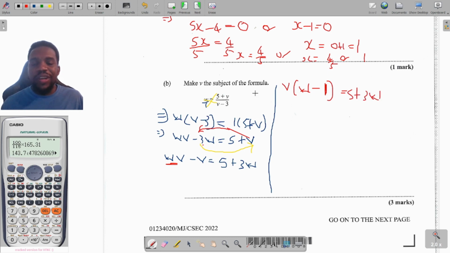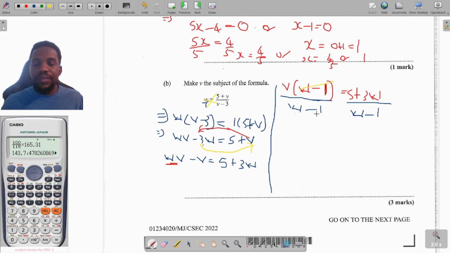Now that I have V by itself, I need to have it alone on that side because it is what I'm trying to find. So I'm going to have to ask myself, what is this entire bracket doing to my V? It's multiplying it. So I'm asking, what is the reverse? Division. So in order to get rid of the entire W minus 1, I have to divide by that entire thing. And I can't just do it to one side, I have to do it to both sides. W minus 1. Now this is gone. Let me use my yellow line.